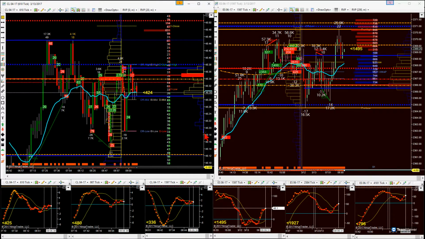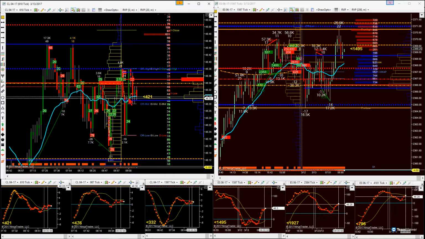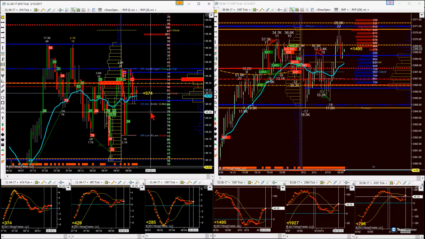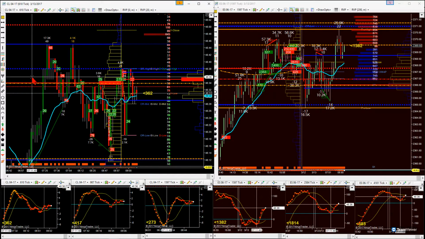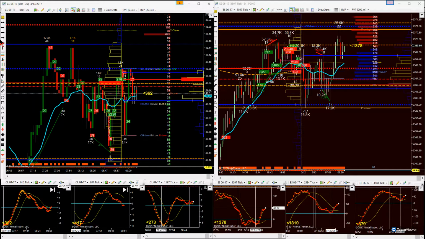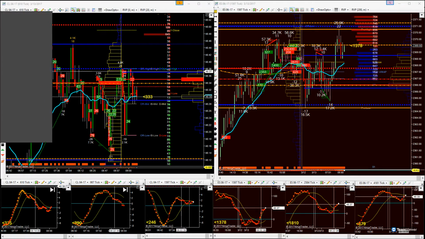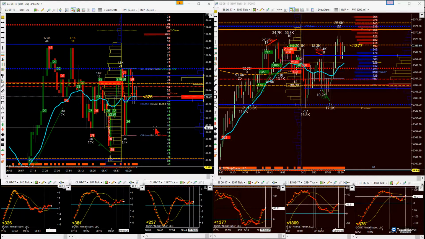See if that can hold, and then ultimately start getting back in, correcting some of that large move down that we had, get us back towards 50. But all of that's irrelevant. We'll trade what we see, and we'll do our best not to get into any bad trades because of preconceived notions.